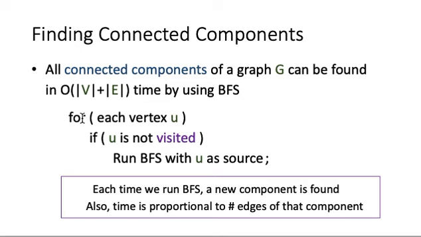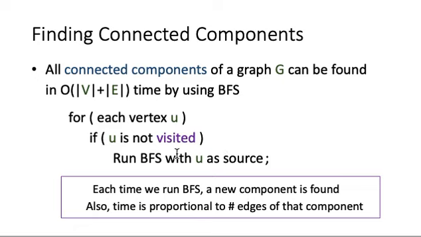After that, we process another vertex whenever it is not visited. In that case, when we process it the next time, we will be selecting some vertex from an unvisited connected component, and then we are going to visit all the vertices in that connected component, and so on and so forth. So each time that we run BFS, we are running it on a vertex in some newly discovered connected component.